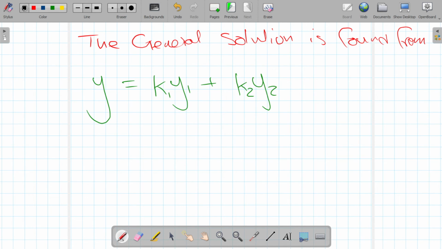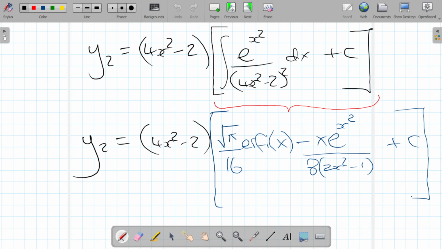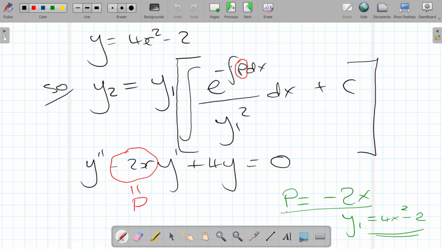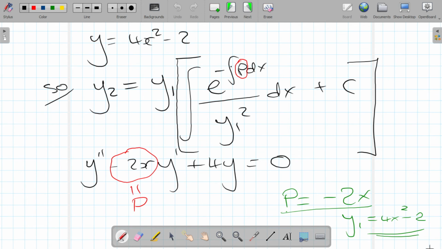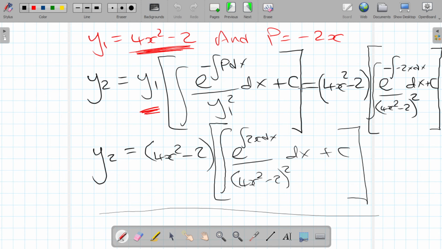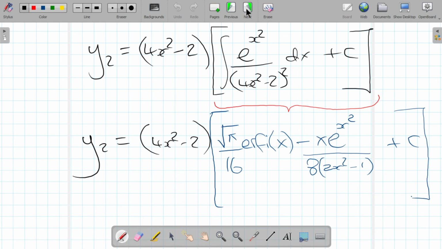So this means that y is equal to k1 times y1. Well, we know what y1 is. I'll go back to where we found y1. Y1 is this term here, 4x squared minus 2. And I think we've identified it down here as such. And then we've used it in the solution of the second linearly independent solution.